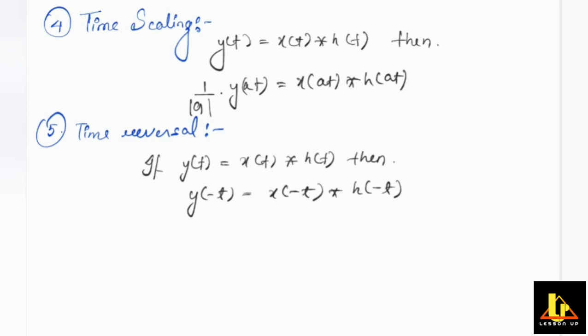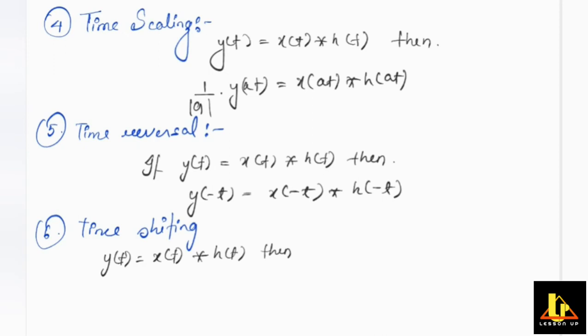Now next is time shifting. So according to this, if y of t is equal to x of t convolution h of t, then y of t minus alpha is equal to x of t minus alpha convolution h of t.